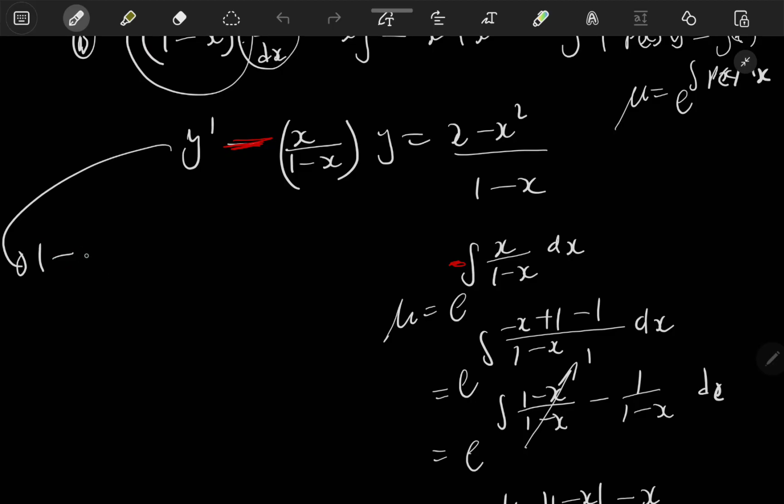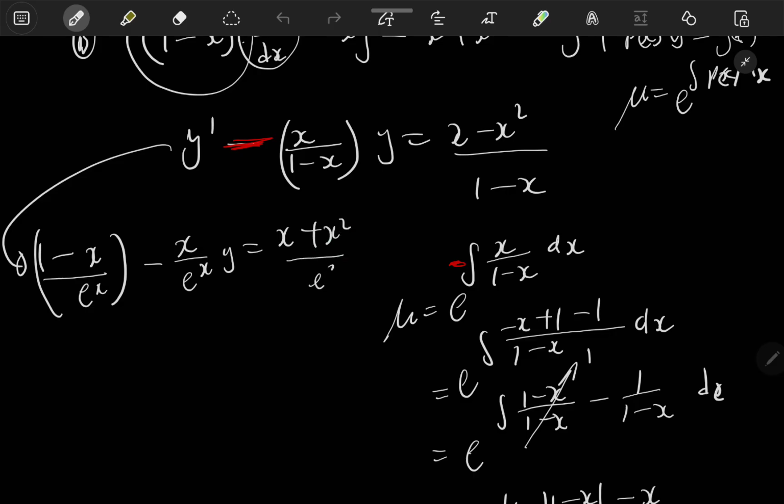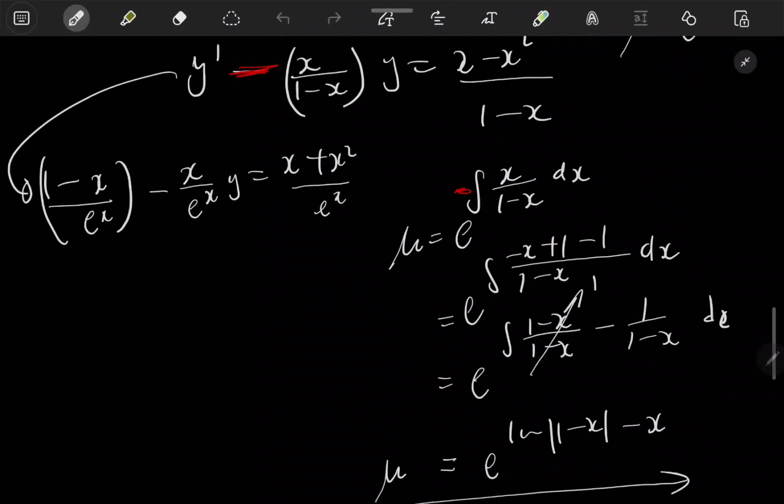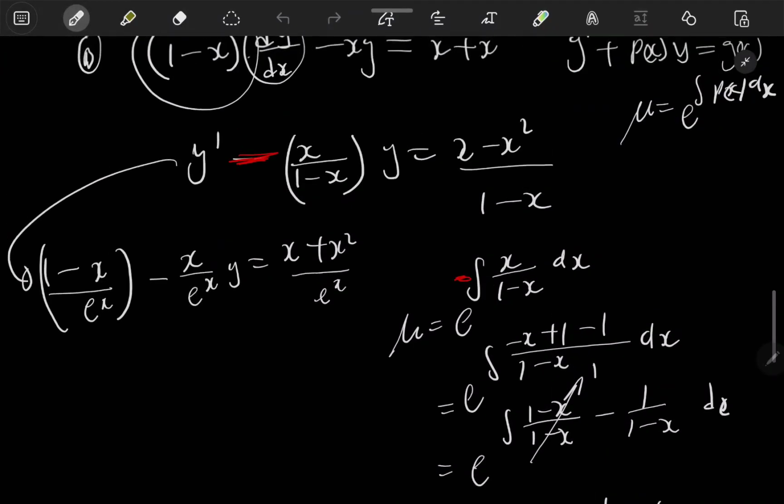I'll have 1 times x all over e^x, which is that mu, and then minus x all over e^x is equal to x plus x. This is me after skipping steps, simplifying. But if you feel like I didn't clarify something, you can just ask, but I think yeah, I just skipped a couple of steps to arrive here.